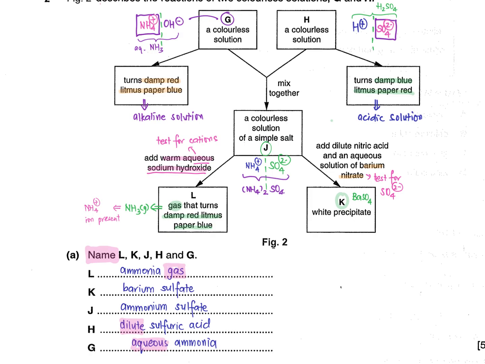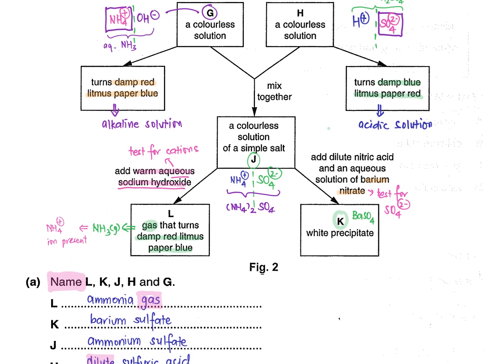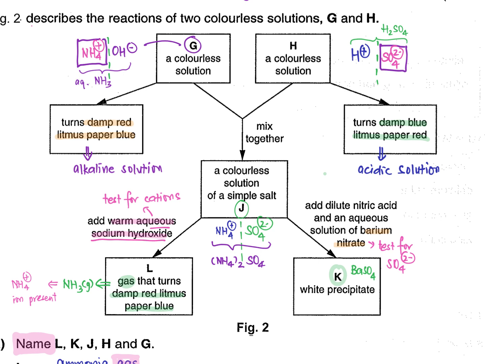Okay, go back to the flow chart. Please number the equations that you're going to write. Over here, I'll have my reaction number 1, where your H combined with your G. Reaction number 2 will be when my salt reacted with warm sodium hydroxide. Reaction number 3 is when my salt reacted with barium nitrate.